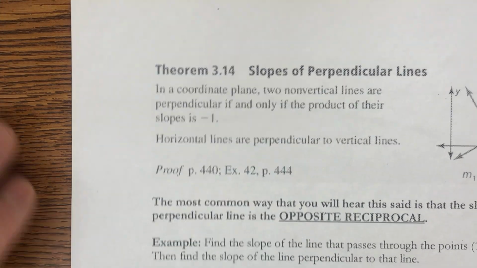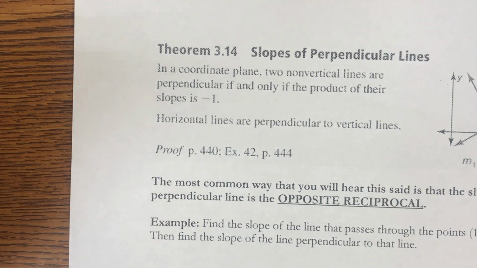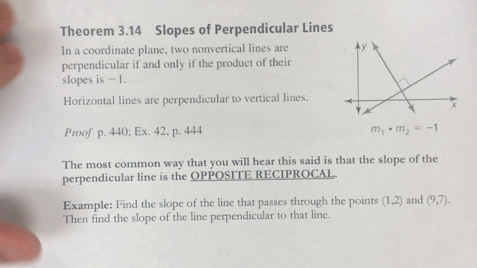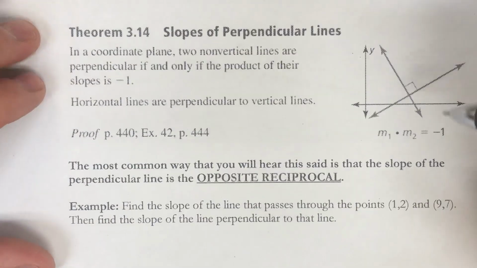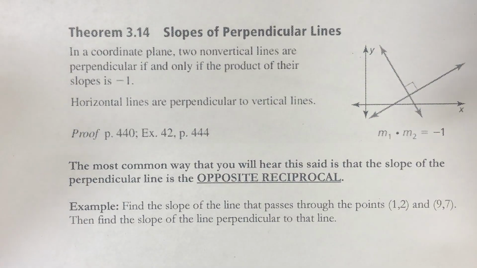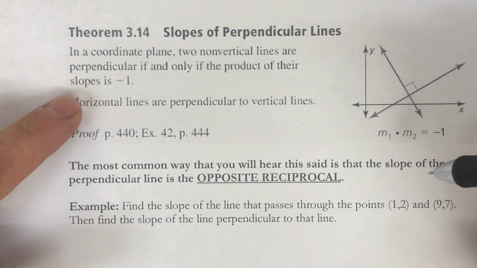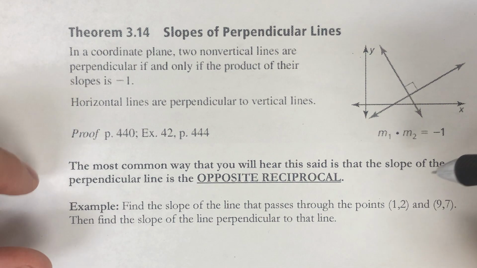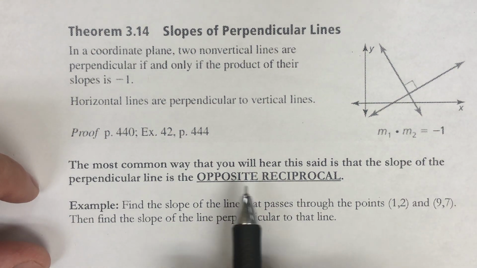When we talk about the slopes of perpendicular lines, perpendicular means two lines that intersect at a right angle. Really what we have going on is the product of their slopes is -1. More commonly, we refer to that as the slopes being opposite reciprocals.